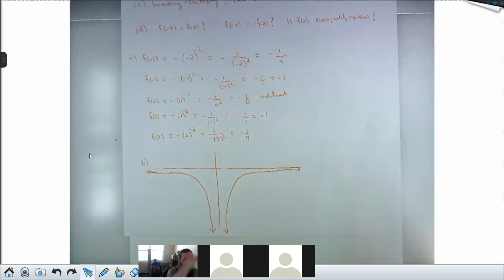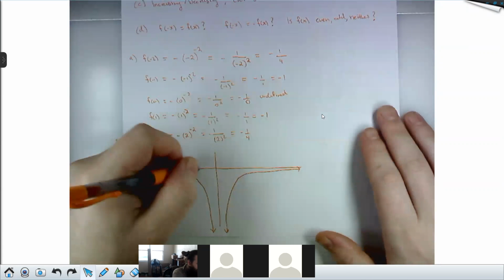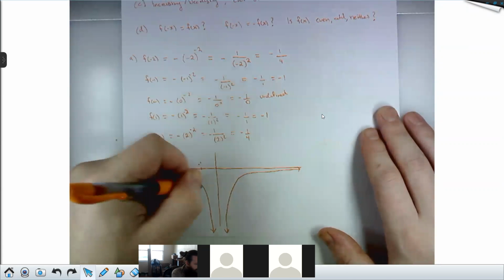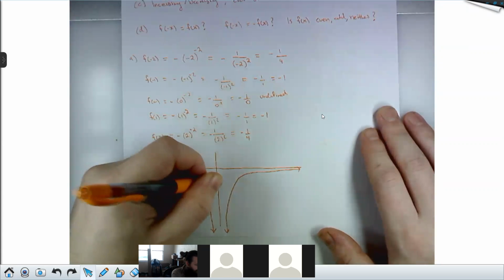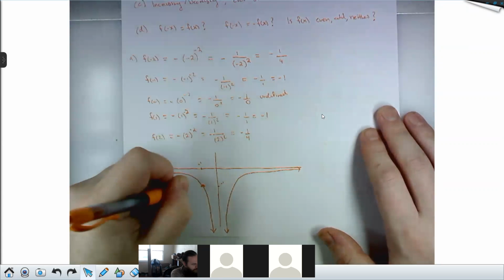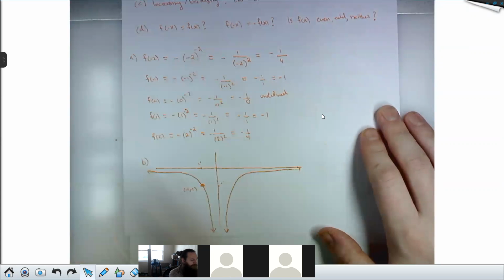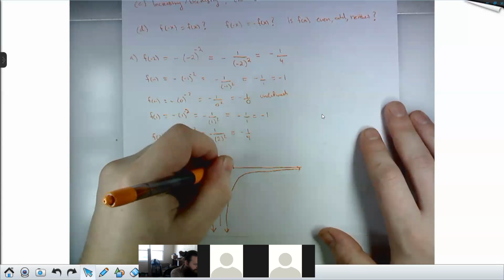So this is a reasonable picture of my graph. And I can add a few points onto this, right? Like, how about -1, right? F of -1 is -1. So the point -1, -1 is on here. And we'll label it -1, -1. +1, -1 is on there.